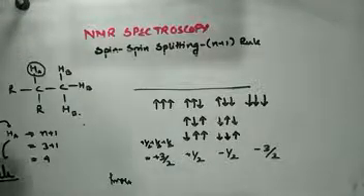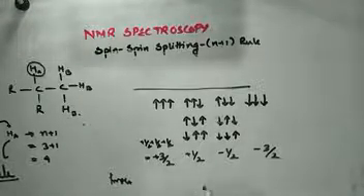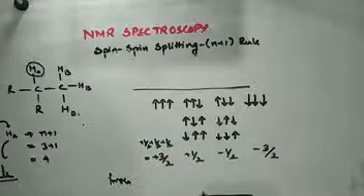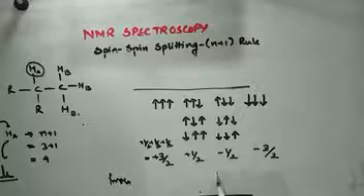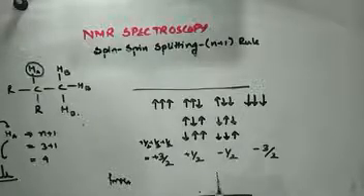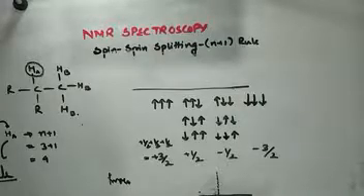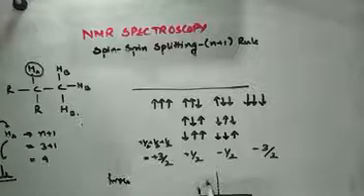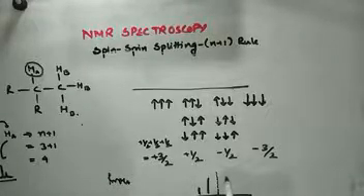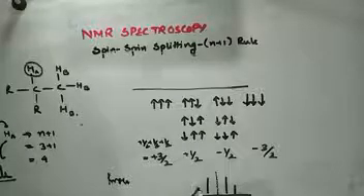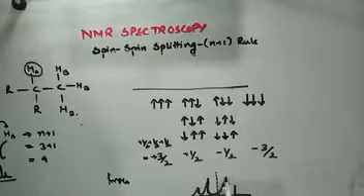If you draw the spectrum, and this is the original position where a bare nucleus would give one signal, then you have a signal here, a signal here, a signal here, and a signal here.